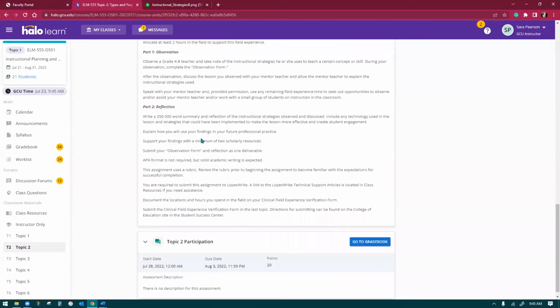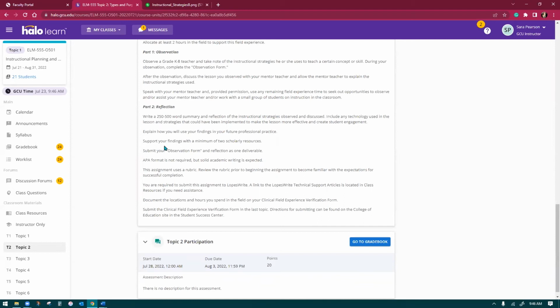Now, when we look at the reflection, you're going to write a 250 to 500 word summary of those instructional strategies. That's why taking great notes will be important for this assignment. I don't mind if you go over word counts, but please do not go under 250 words. You'll discuss what you saw. So you explain how you will use these findings of all of these instructional strategies that you witnessed and how they apply to your future practice.